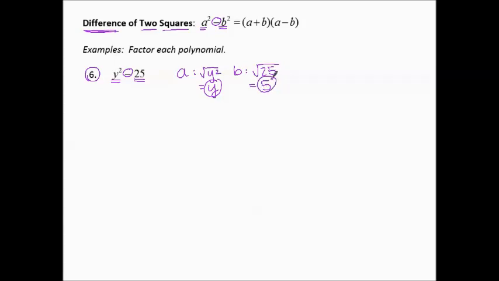So I'm going to use those and follow my pattern. I'm going to take a, which is y, plus my b, which is 5, multiply it by a, which is y, minus my b, which is 5. And those are your two factors.